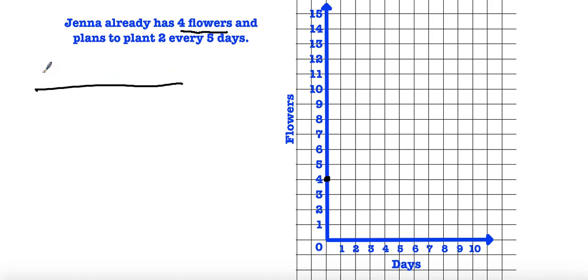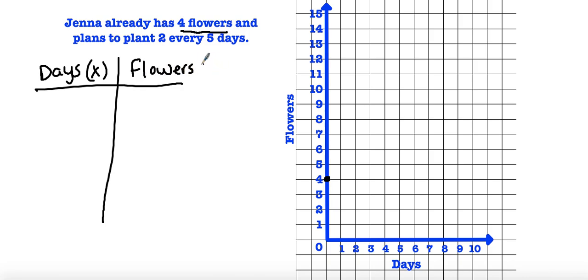So what I'm going to do is I'm going to write days, and that's our x, and flowers, well, the number of flowers is our y. And before any days pass, Jenna already has 4 flowers. After 1 day, she wouldn't really have a new flower because she plants 2 flowers every 5 days.